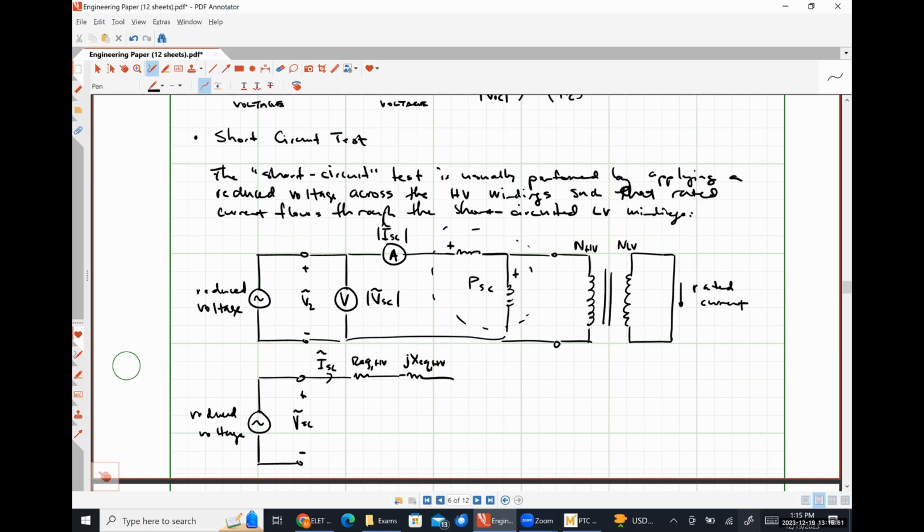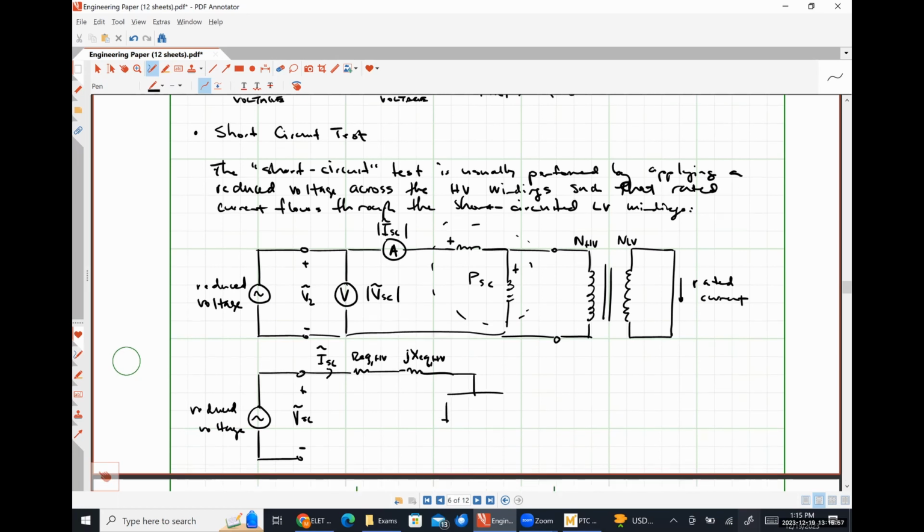Equivalent reactance on our high voltage winding. Our shunt branch, where this will be A squared RC and j A squared XM. And we short out our low voltage winding. Like so, such that, again, rated current is flowing.